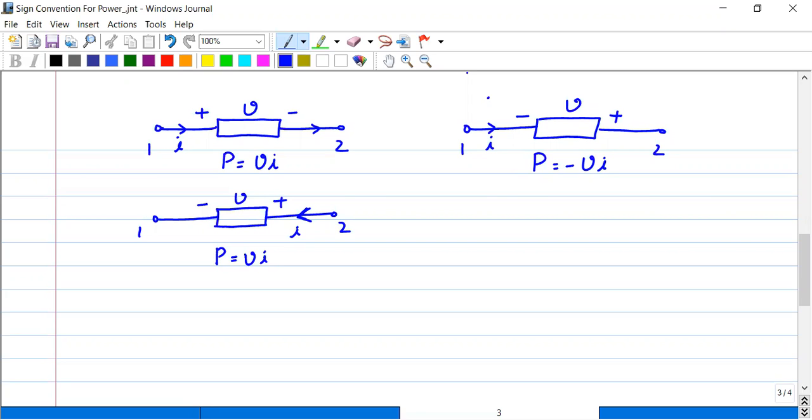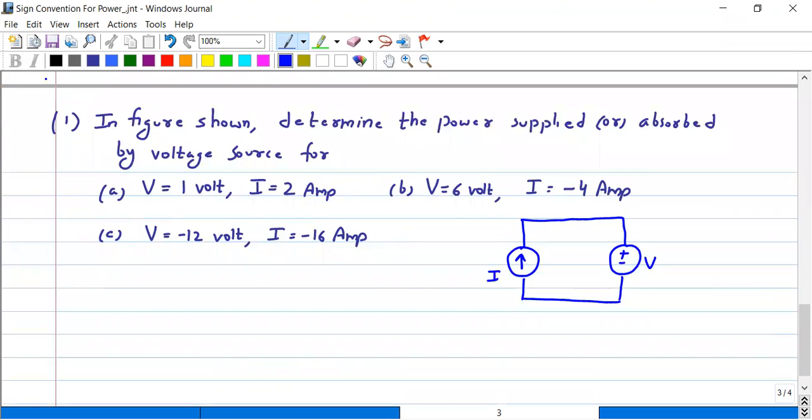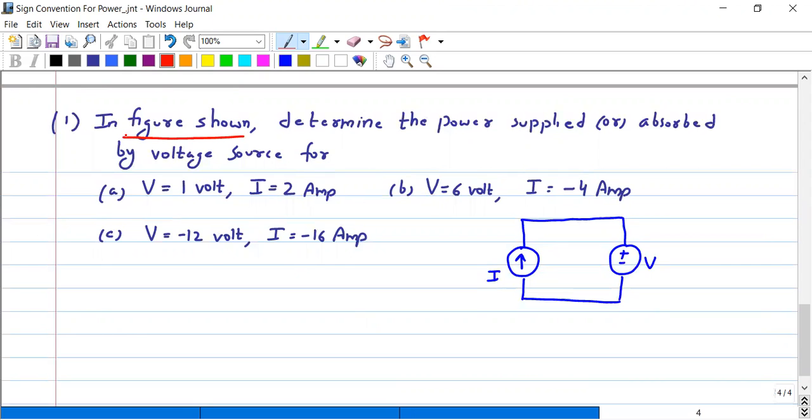So depending upon this sign convention, let us try to solve one problem. The problem, if you see here, states that in the figure shown, determine the power supplied or absorbed. That means we have to determine whether the power is being supplied or absorbed by the voltage source.